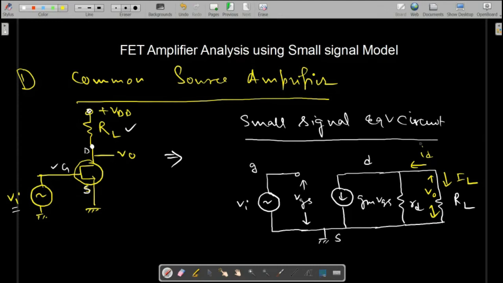So can you tell me how this IL and this small ID are related? Anyone? ID equals minus IL. So what will be the value of V0? Output voltage V0, because we are going to calculate the gain V0 by Vi. What will be the value of V0 in terms of I and R?